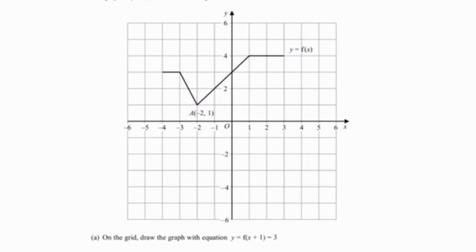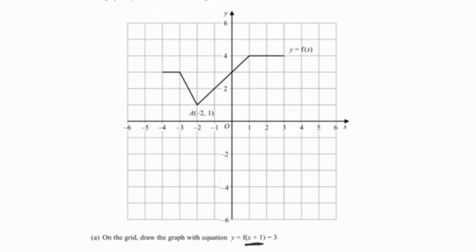So for this, when we have minus 3, outside of the f, that means the whole thing is going down by 3 places. So that means this graph is getting shifted down by 3 places. And what this thing inside means, x plus 1, because we're adding 1, this means we're shifting 1 to the left in the x direction.